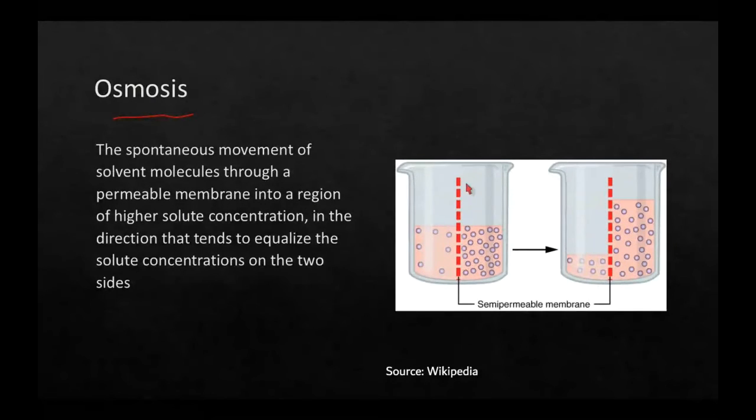Osmosis is, okay, here I've got a solution in a beaker, and there's a membrane. And believe it or not, the solutions have the same solvent and the same solute.